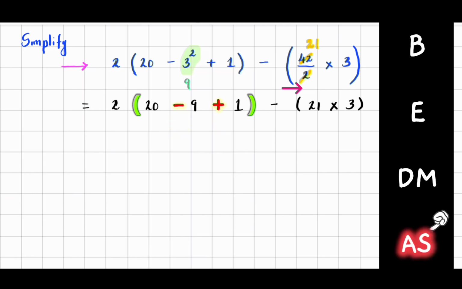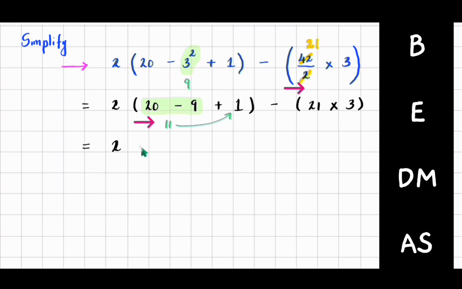Both of them rank equally. So just go left to right. First I write 2 here, then 20 minus 9 is 11. And that 11 plus 1 is 12. Minus, in the second bracket, 21 times 3 is 63.